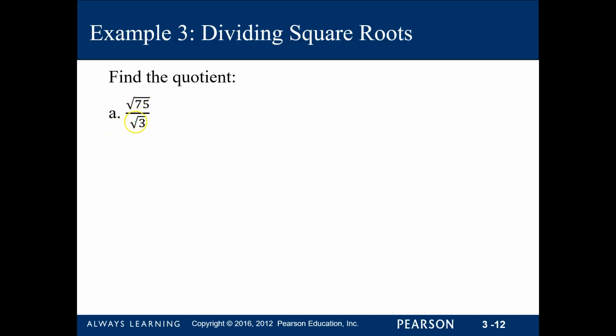Doing a quick divisibility rule, can we divide 75 by 3? 7 plus 5 is 12. 12 is a multiple of 3. So definitely we can divide and combine them into one expression. So 75 divided by 3 is going to be 25. And simplifying the square root of 25, that's going to be 5.